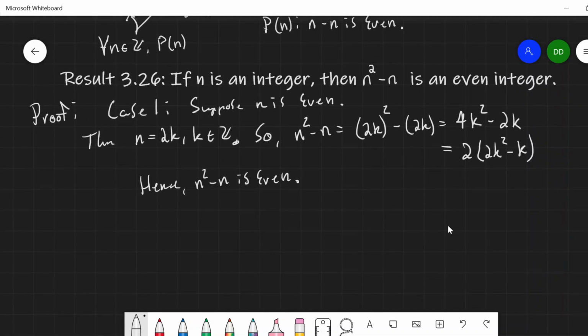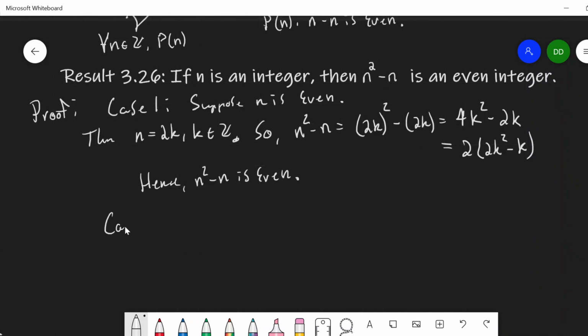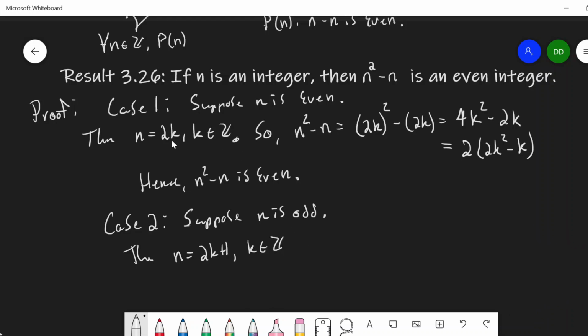And then I also have to consider the odd integers. So case 2, that is the other set in the partition. Suppose n is odd, then we would have n equal to 2k plus 1 for some integer k. And it's okay to reuse symbols like k when you're doing cases, since these are arguments that stand alone.